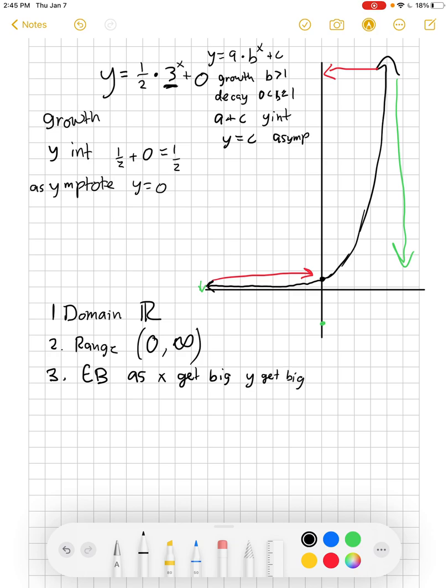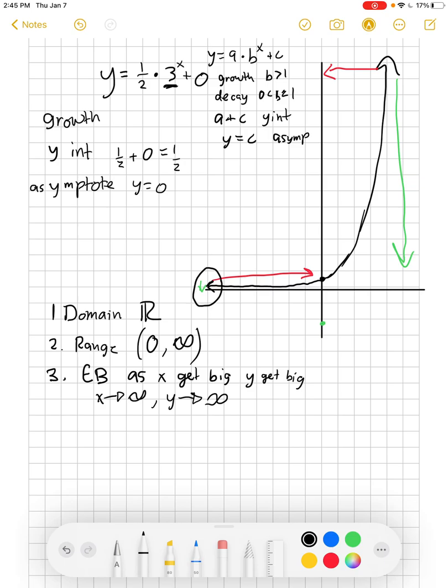At this point, it's sometimes helpful to translate it into math words. So that's going to be x approaches infinity, then y approaches infinity. Because what's the biggest thing we know? Infinity.